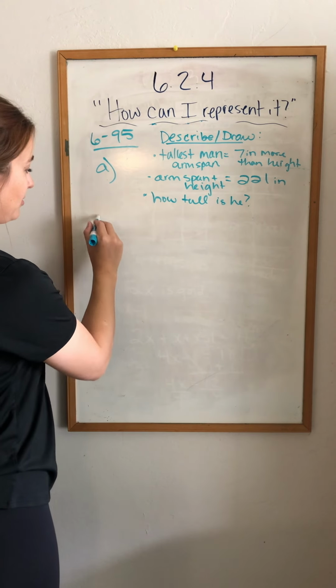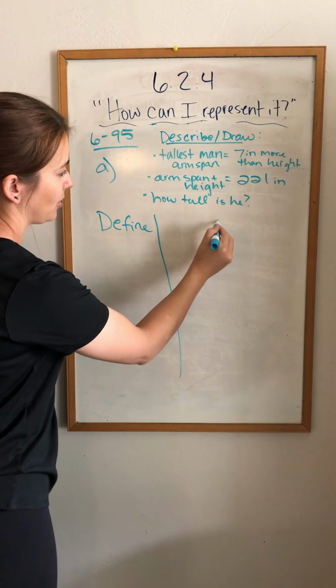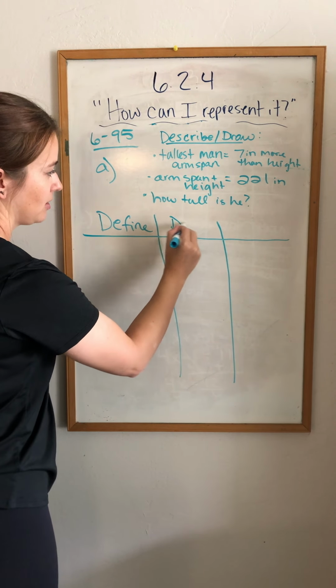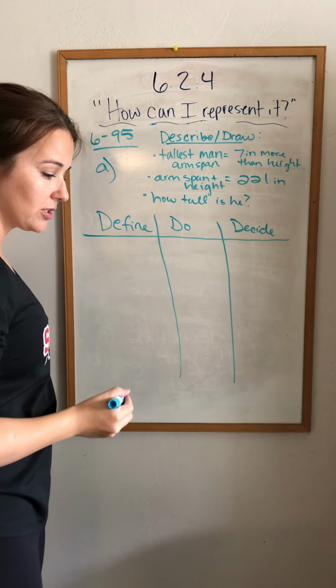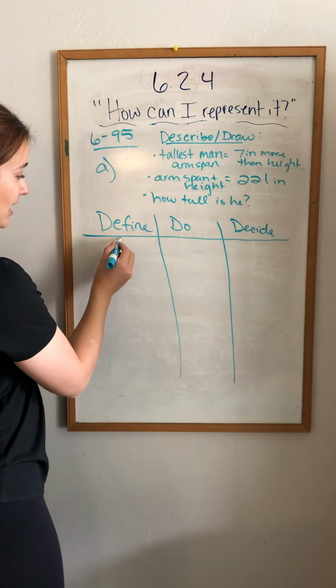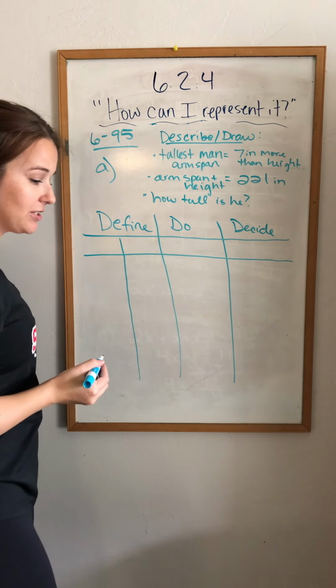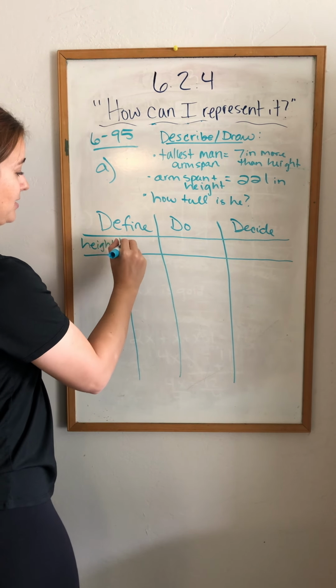So here's my table, and if you don't want to do a table, you don't have to. You can already write out the equation if you know how to write it. But I'm just going to do this for support. We only really have 2 things to define here: the height and his arm span.